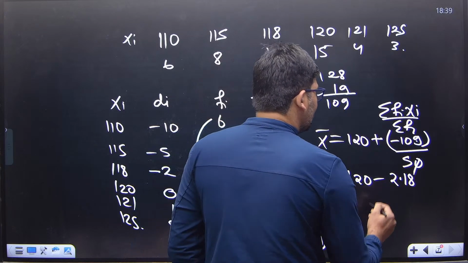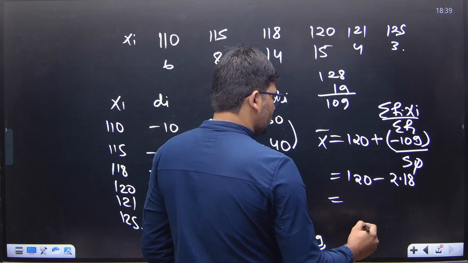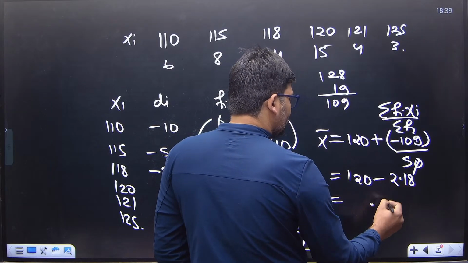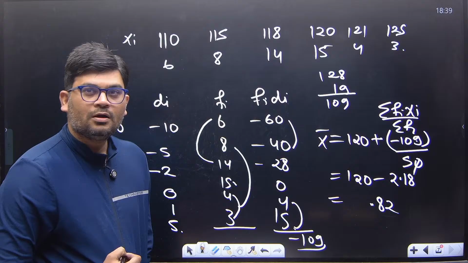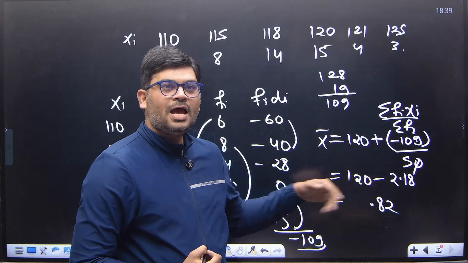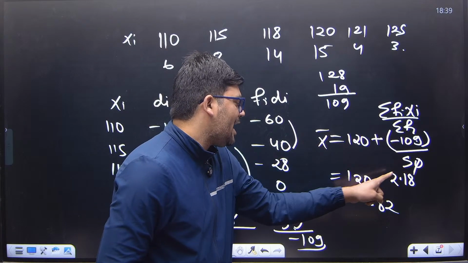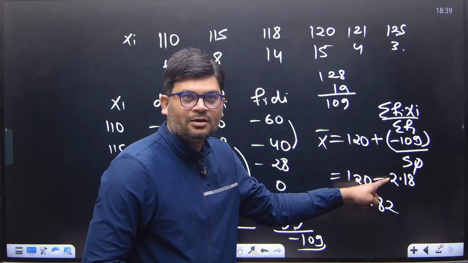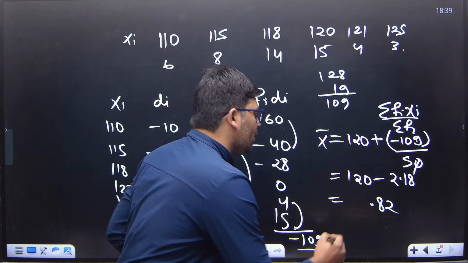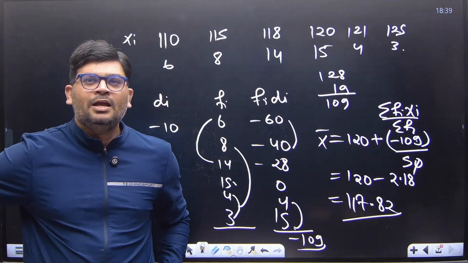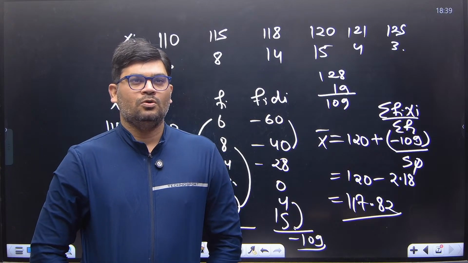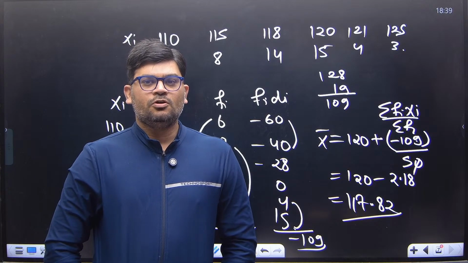So 120 minus 2.18. So 18, I will add 82 to make it 3. See how I subtract. And from 3 to 120, I need 117 more. So it is 117.82. This is your mean.